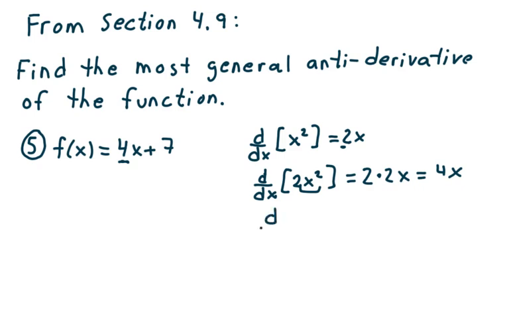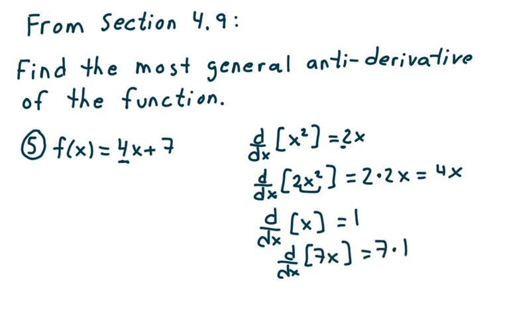And notice the derivative of x is 1. So if I take the derivative of 7x, that's equal to 7 times 1, which is equal to 7. And that's also what I want.